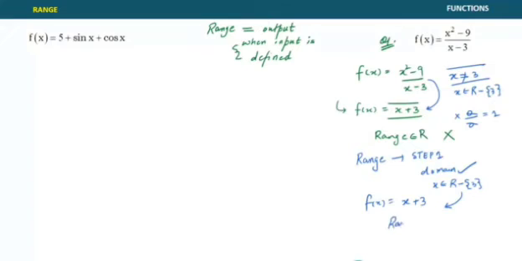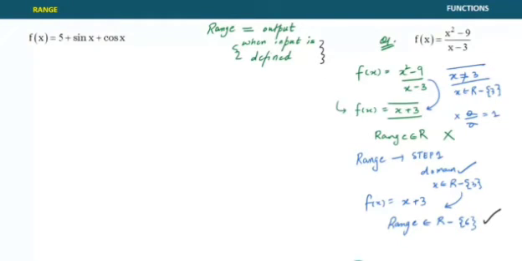So the range of this particular function will be all real values except that value when x is equal to 3, which is 6. So this is the correct answer to this particular problem. Remember, though it looks like a very simple problem, many people do this error. So range is equal to output when input is defined, or at what particular values you are solving it.